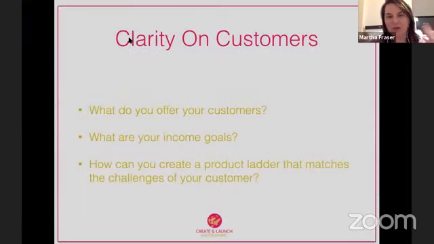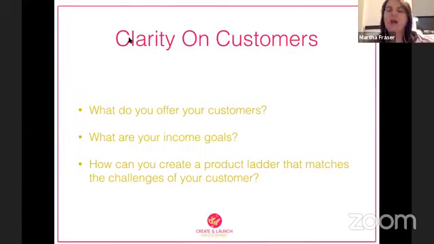So now that you're getting clearer on what it is you're offering, I want you to think about what your income goals are. So let's say, for example, what is the extra income you want to create through your online business? For example, my client who just made €1,000 yesterday, she created a 10-day program.